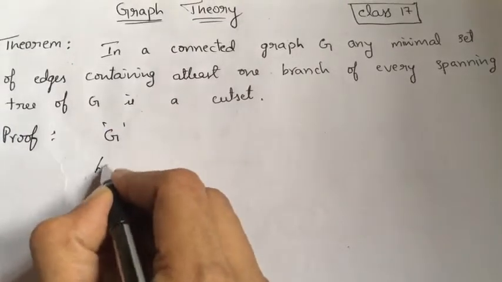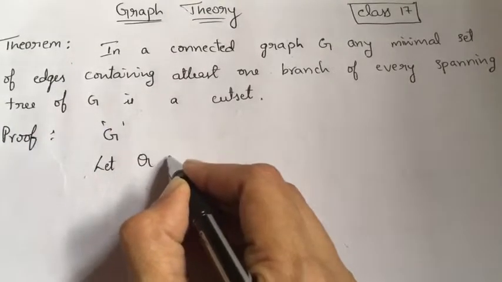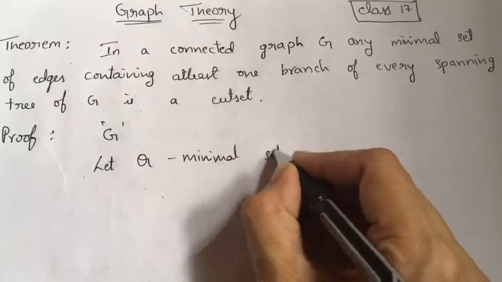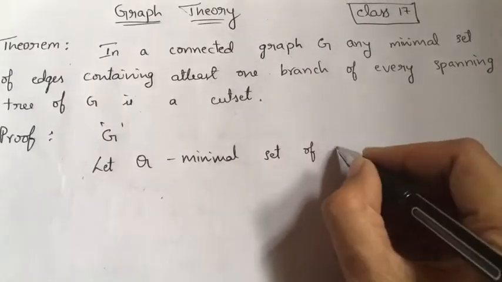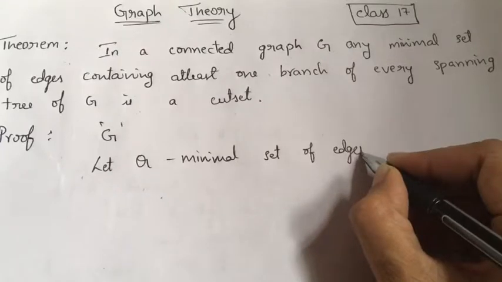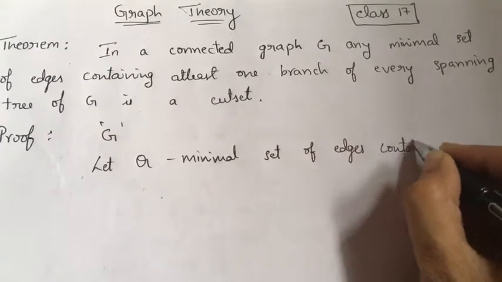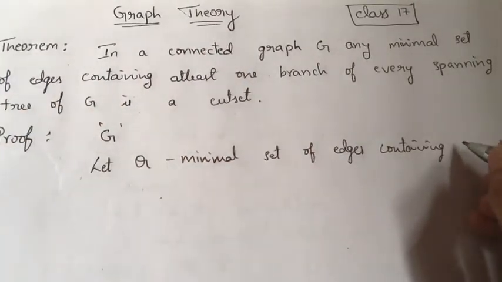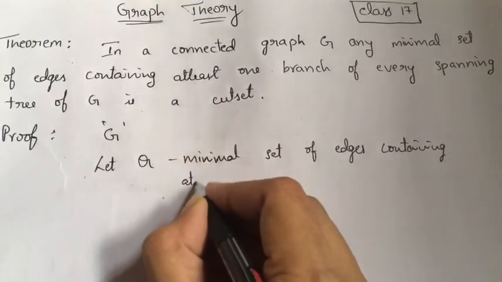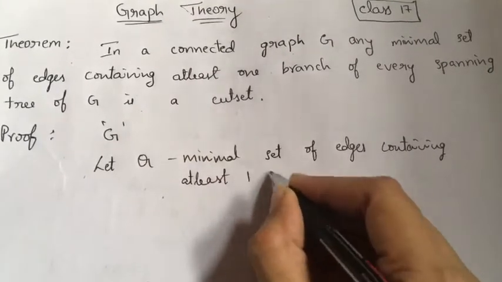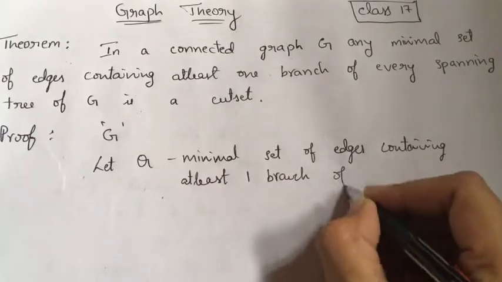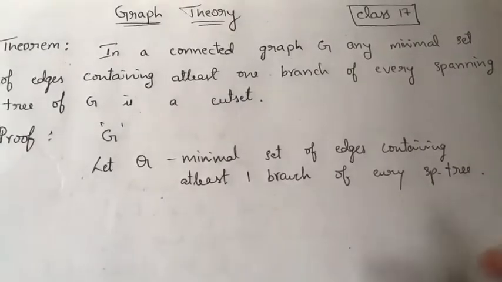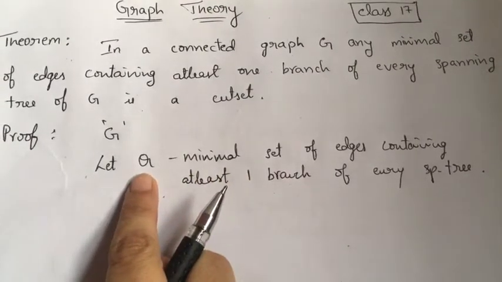And let Q be a minimal set of edges containing at least one branch of every spanning tree. I'm taking a minimal set as Q.